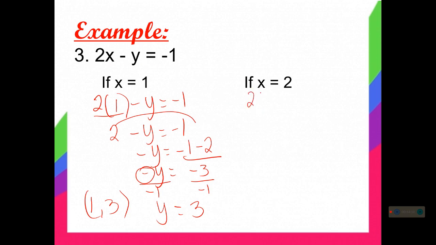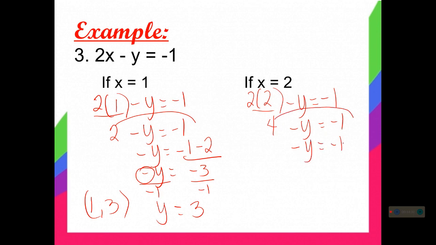So you will obtain 2 times 2 minus y equals negative 1. Then 2 times 2 is 4, minus y equals negative 1. Again, you're going to write your variable on the left side of the equation. So we have negative y equals negative 1 using APE, so it will become negative 4. Then we have negative y equals negative 5.